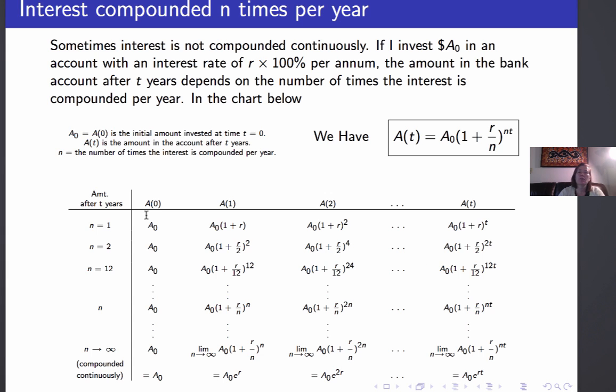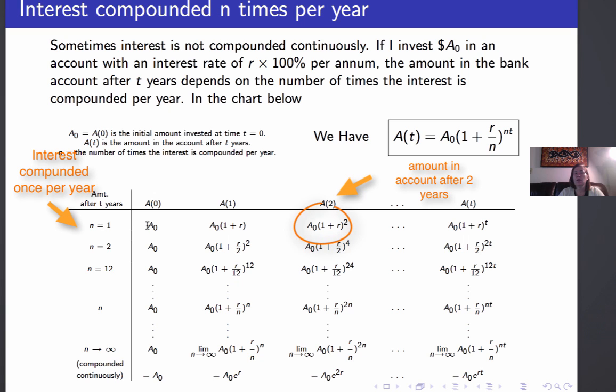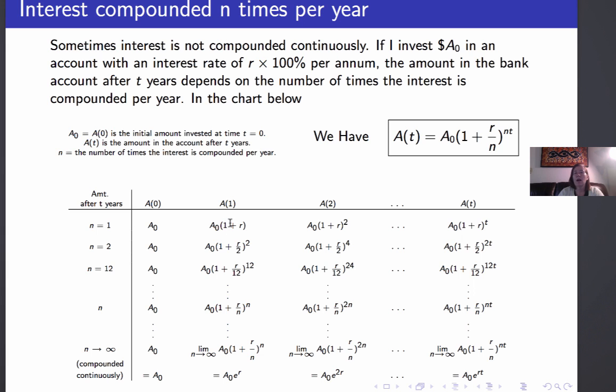So if the interest is compounded once a year, then the initial amount is A0. After 1 year, I have that initial amount plus R times A0 in the account, or A0 times 1 plus R.